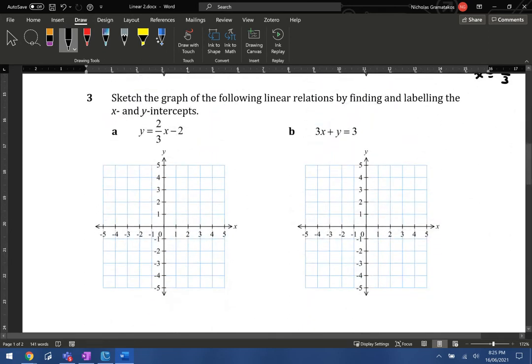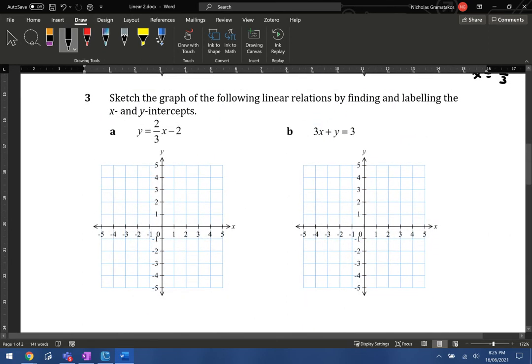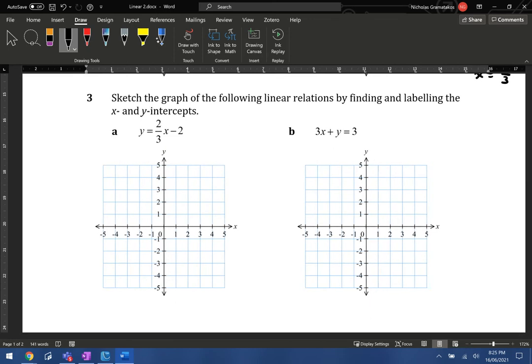Question 3 asks you to use the x and y intercept method. So let's do that and let's get some more practice at this one. I'm going to let x equal 0. That's going to be y equals 2/3 times 0 plus 2.